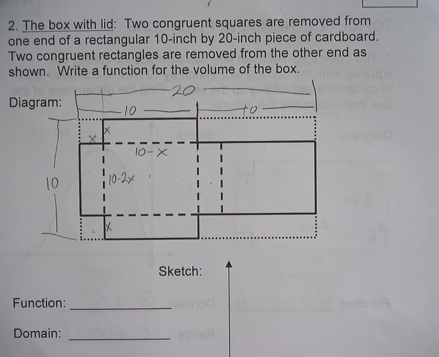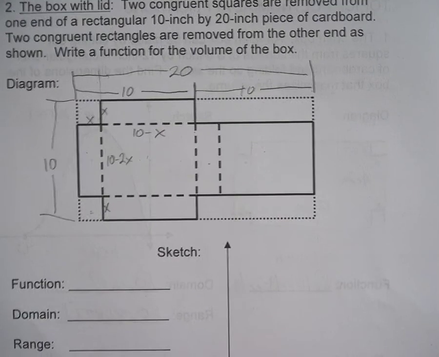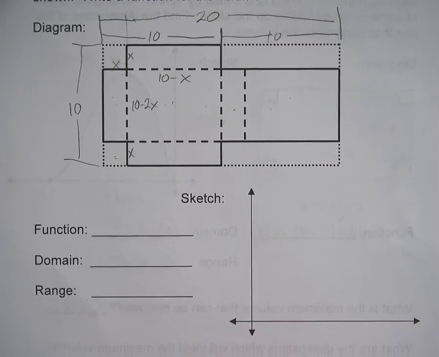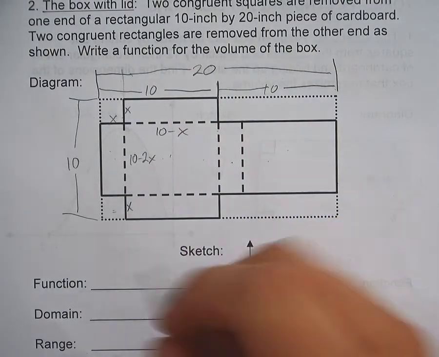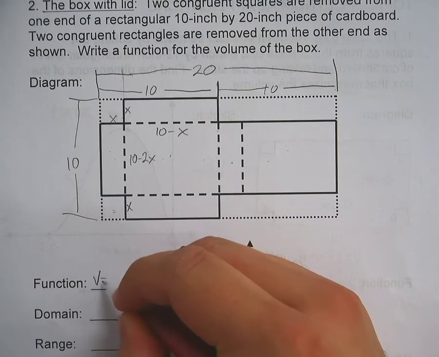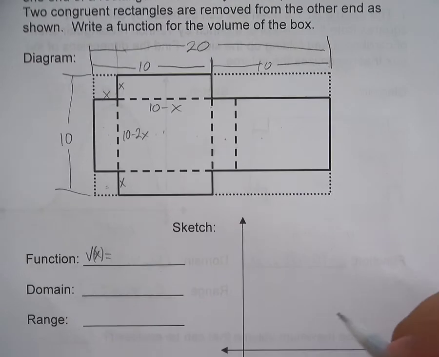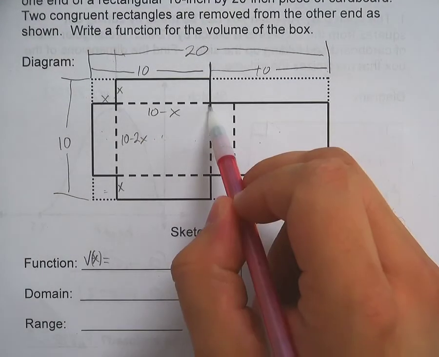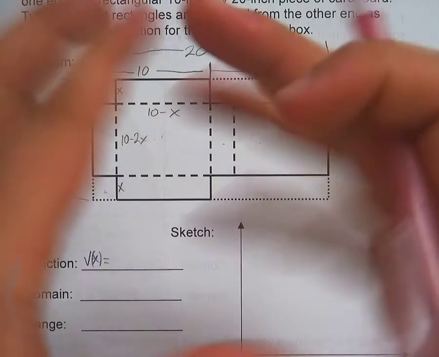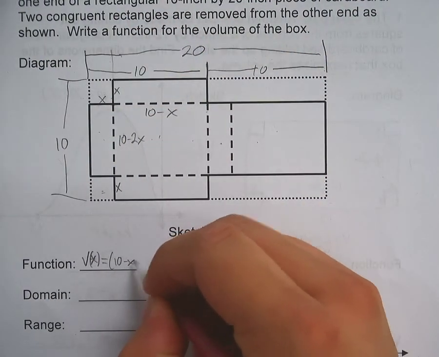Okay? So let's do some math. Let's come up with volume, right? We're trying to write a function for the volume of the box. All right, so volume V of x is going to be equal to, and I need the length, width, and height of the box. Well, the length is 10 minus x. Remember, this is after it's all folded up, right? The length is 10 minus x.